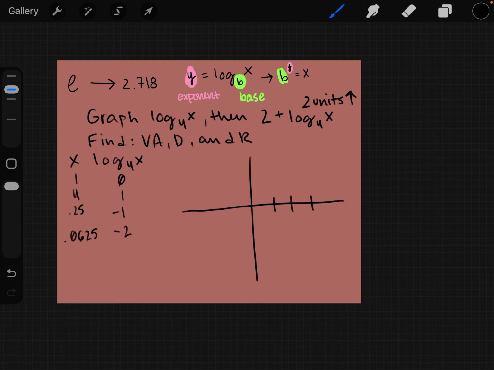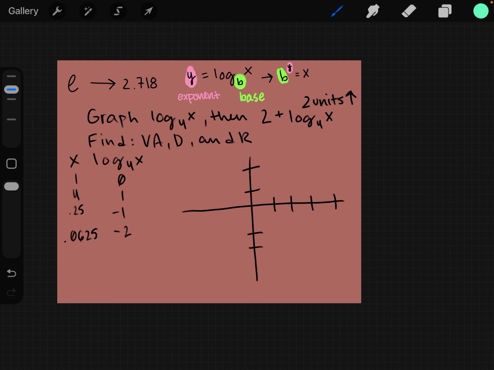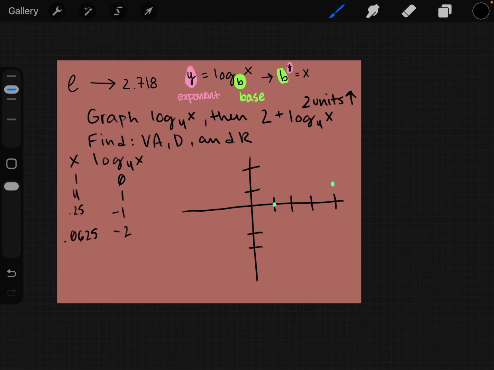One, two, three, 4. Alright. 1 on the x, 0 on y. 4 on x, 1 on y. 0.25, -1. I knew I was forgetting lines.